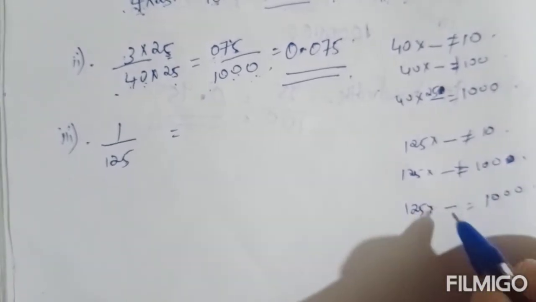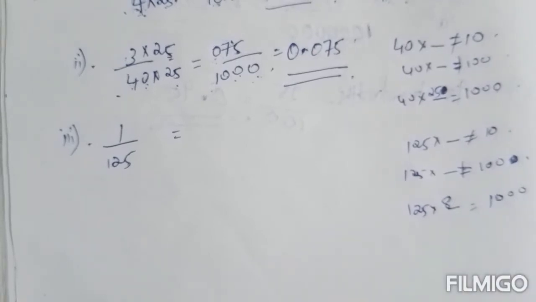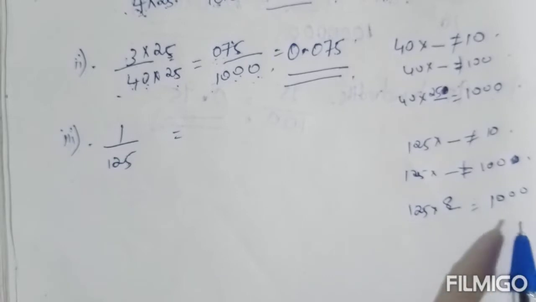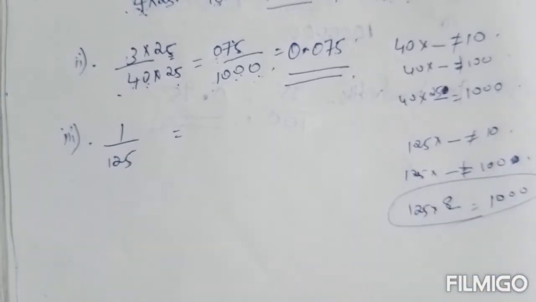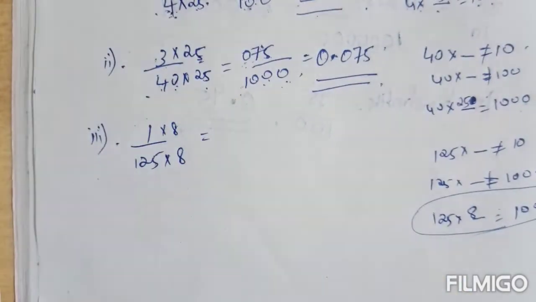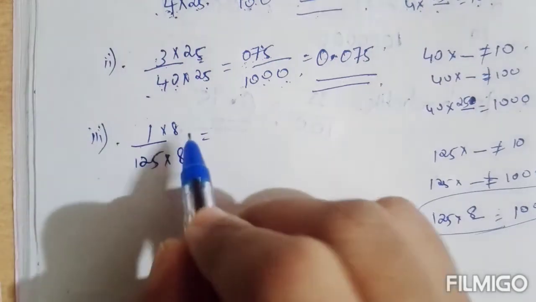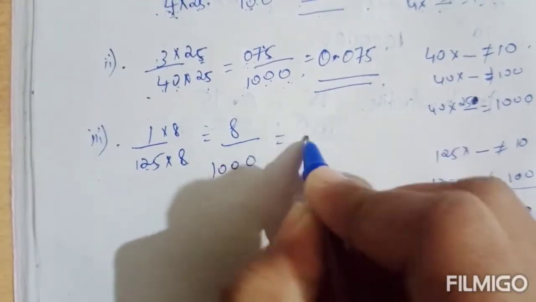So 125 into 8 is 1000. If you check, you will get 125 into 8 is 1000. So you can choose this. Now here you can multiply both numerator and denominator by 8. 1 into 8 is 8, by 125 into 8, 1000.